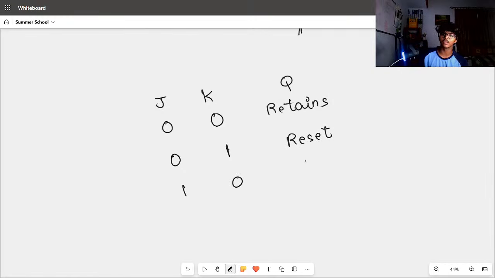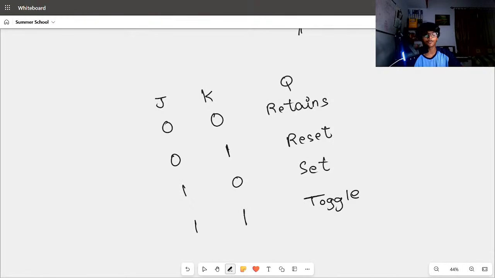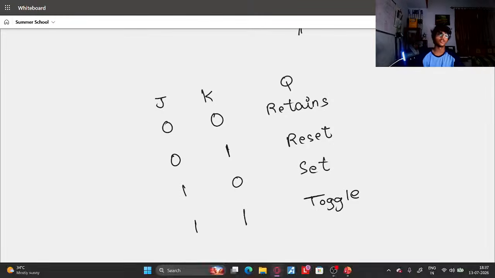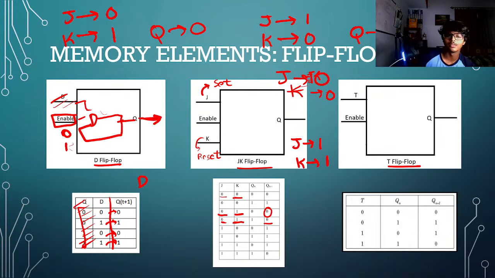If J is 1 and K is 0, it sets it. And if both are 1, it toggles it. It complements it. Hope that's clear, guys. This is essentially what the truth table is trying to convey, based on the previous Q. You can go through it; it'll make sense.